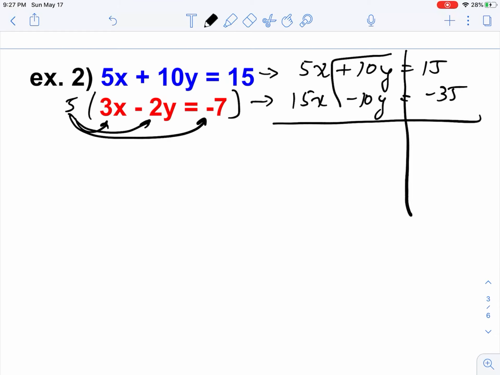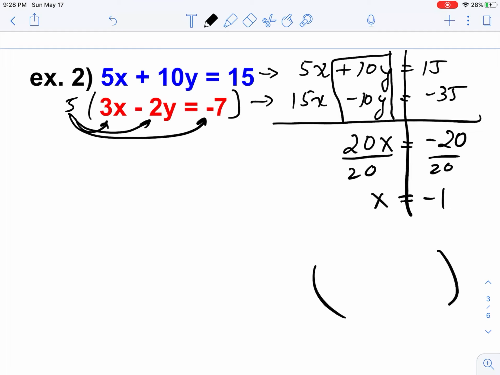Now we can add those up because we have our opposites here. We have positive 10y and negative 10y. So 5x plus 15x makes 20x is equal to, the negatives are going to win by 20. Divide by 20 on both sides. You get x is equal to negative 1.